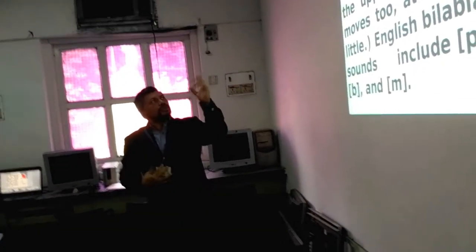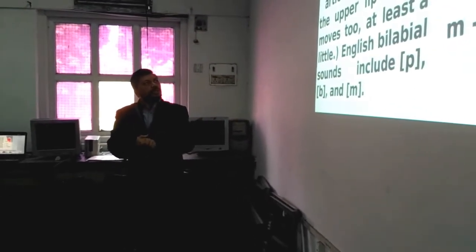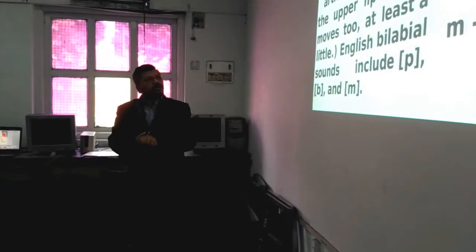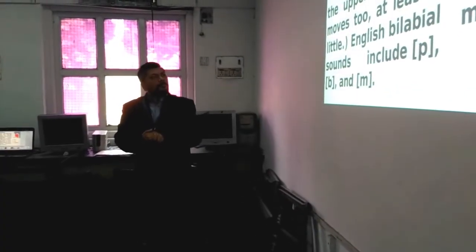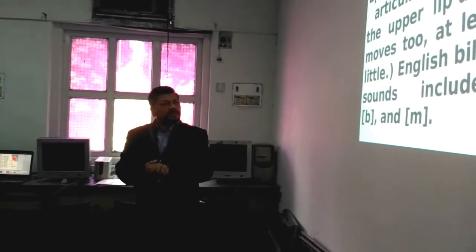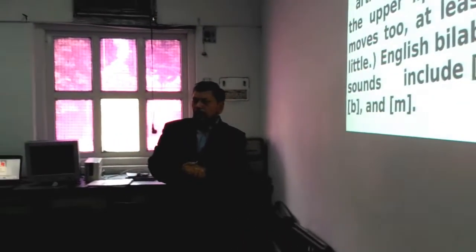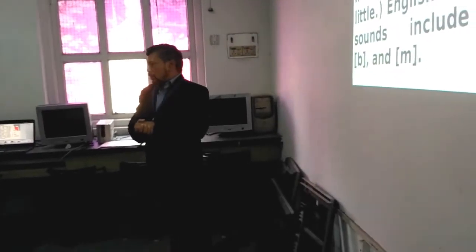We could say that the lower lip is the active articulator and the upper lip is the passive articulator, though the upper lip usually moves a bit too. English bilabial sounds include pa, ba, and ma.